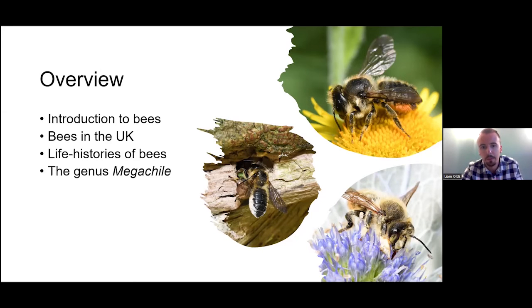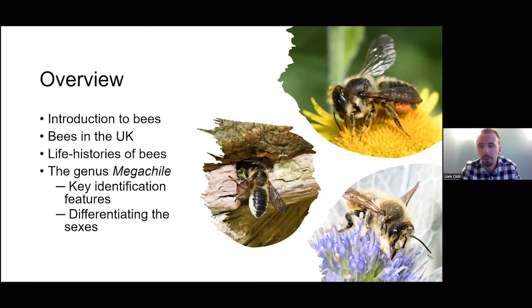And then we'll look more closely at the leafcutter bees, which fall within the genus called Megachile. Then we'll look at the key identification features for recognizing these leafcutter bees, and how you tell the sexes apart, which is really important. If you want to identify them, you need to know if you're looking at a male or a female, because they have different characteristics and different features that you use to identify them.